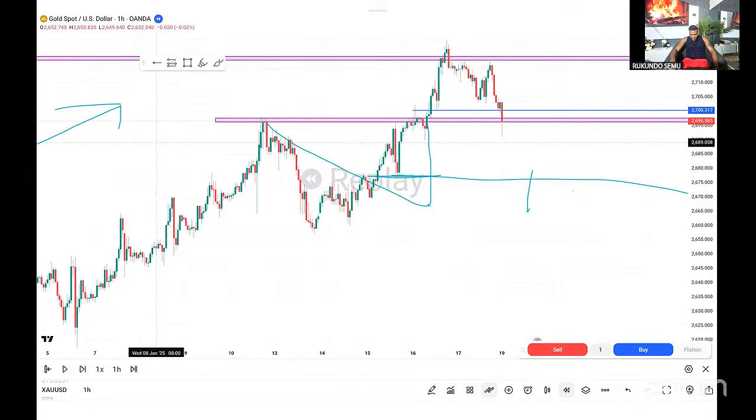This candle has swept liquidity in that area. But the body is larger than the wick. So that means we are not going to take that candle. We are not going to take that candle.